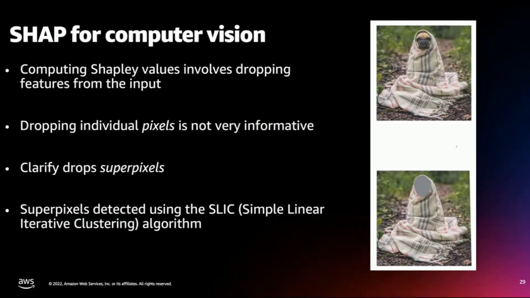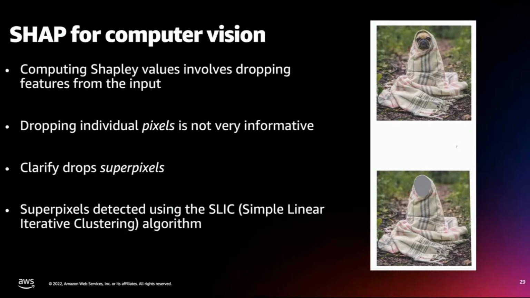Well, if we remove this from the input to the algorithm, and so our coalition is basically missing that particular superpixel, it's likely that the prediction will change, right? It's likely that the algorithm will not see a pug in this case. And we will then know that that particular superpixel played a crucial role in such a prediction.